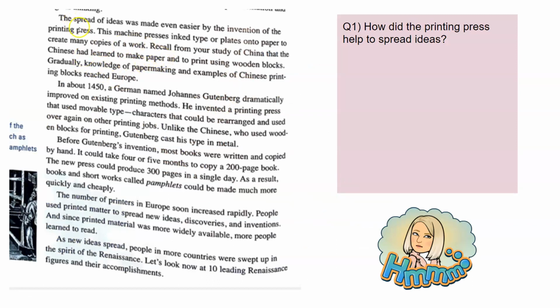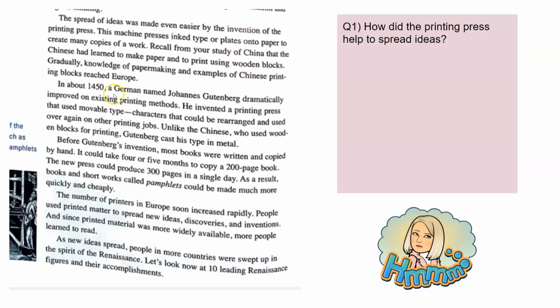The spread of ideas was made even easier by the invention of the printing press. This machine presses inked type or plates onto paper to create many copies of a work. Recall from your study of China that the Chinese had to learn to make paper and to print using wooden blocks. Gradually, knowledge of paper making and examples of Chinese printing blocks reached Europe.